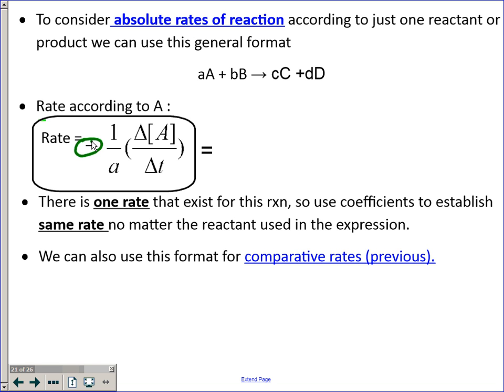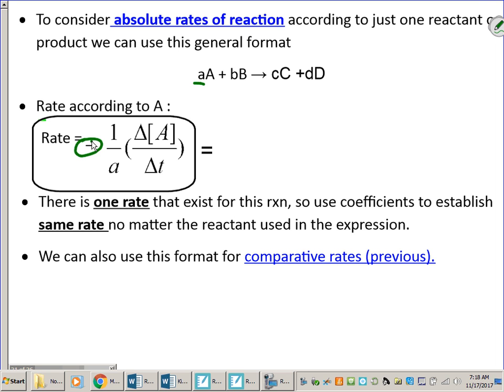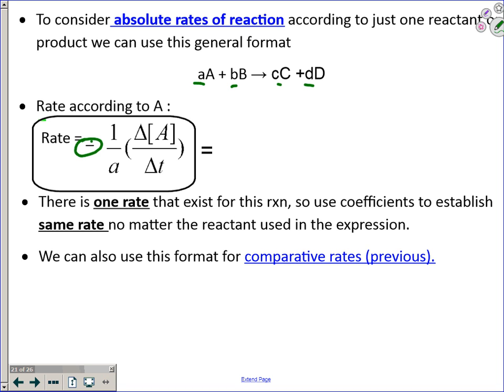What's this little a representing? The coefficient here, right? 1 over the coefficient is multiplied by the change in the reactant A over time. This setup, if we do it for B, C, and D, will create one rate quantified based on the reactants we have. So it relates to the stoichiometric relationships or the mole ratios that we have.